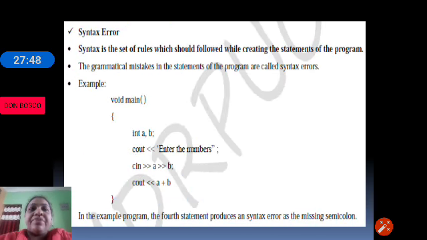Syntax errors: every language has a set of rules. Even a computer will accept an instruction only when it is properly written. Otherwise it will not accept. There can be some grammatical mistakes like a missing comma or spelling mistakes. In such a case we will get syntax errors.